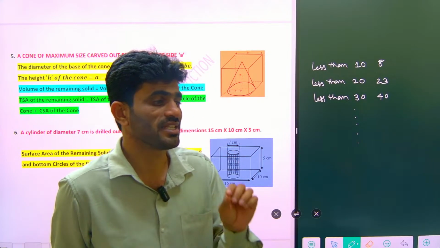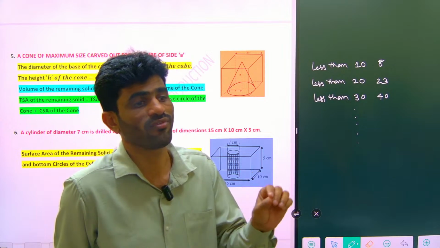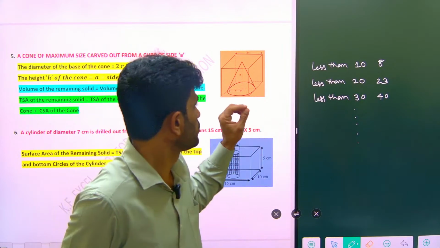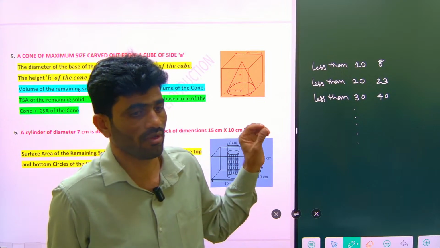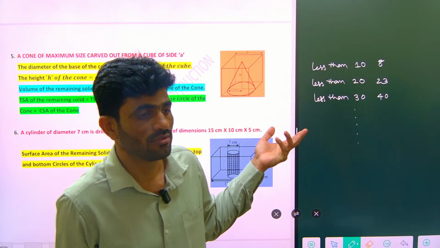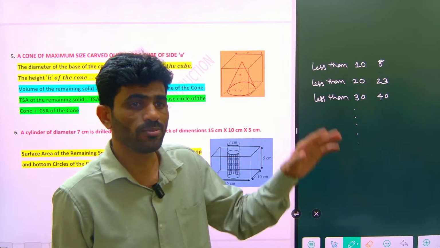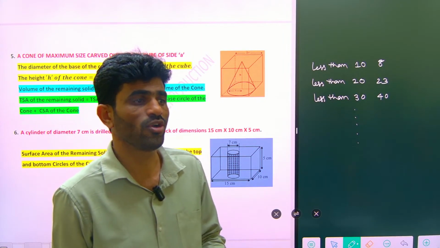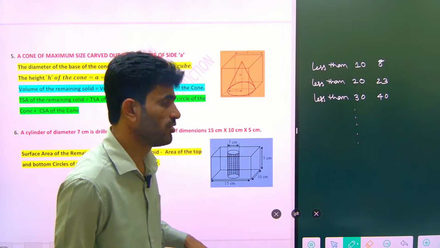Largest cone that can be scooped out of the cube, then only volume of cone. After removing cone, if they ask you to find out the volume of remaining solid, then volume of cube minus volume of cone.